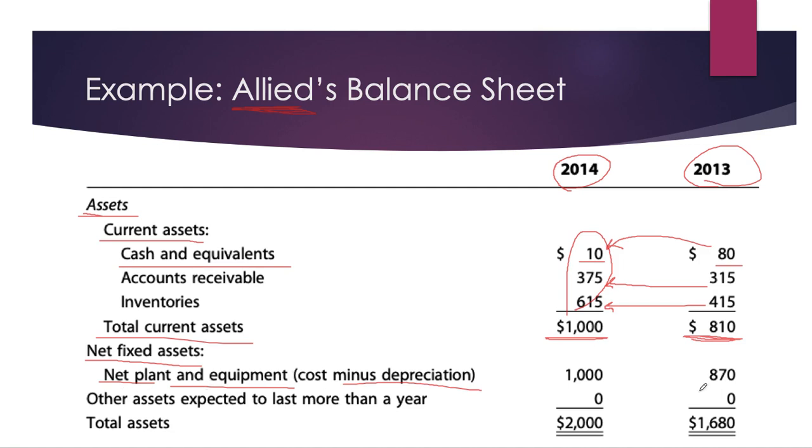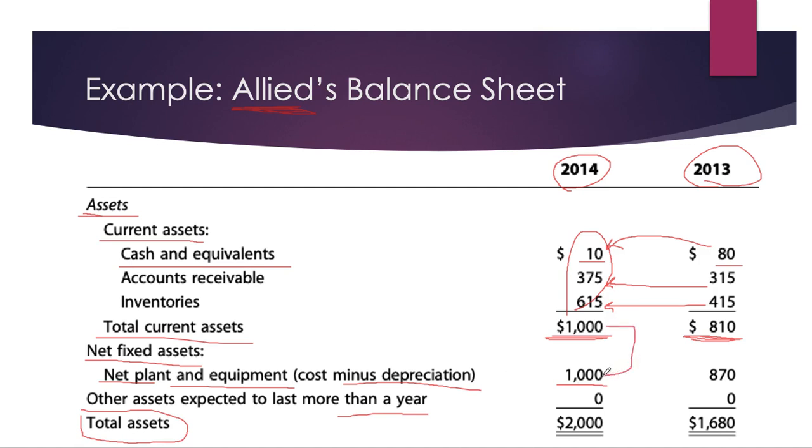And then, as you see, there's also some increase in the net plant and equipment, net fixed assets, and then we have other assets expected to last more than a year. That's given as 0. So now we need to write the total assets that is calculated here, 1,000 and another 1,000 for the current assets.